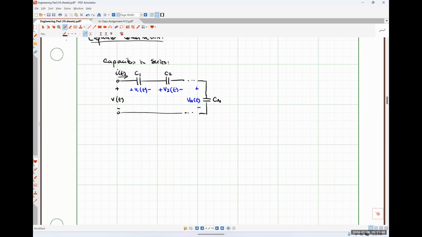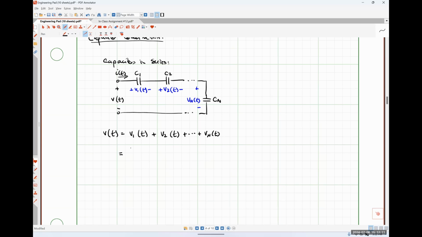So if I were to apply Kirchhoff's voltage law around this loop, I would find that V of t would be equal to V1 plus V2 all the way out to V sub n. Since all of these capacitors are in series, they all have the same current flowing through them, which means I can express all of these voltages in terms of that common current, right?